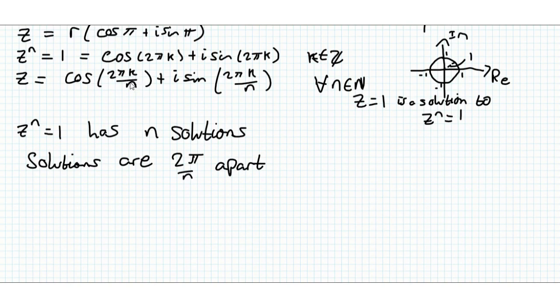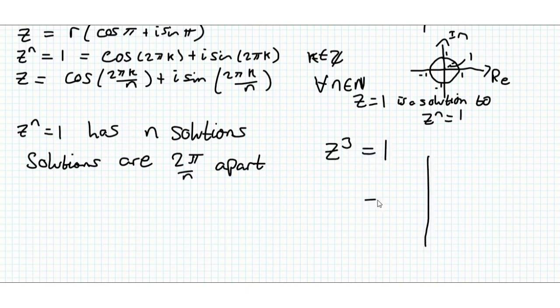Now using this, we're going to look at z to the 3 is equal to 1, and we're going to plot the solutions of z. So let's go sort of 3 units up to denote 1.